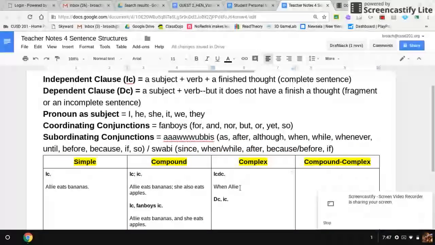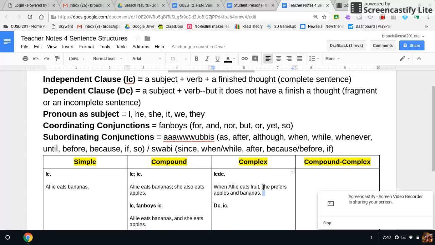So when Allie eats fruit, comma, she prefers apples and bananas.